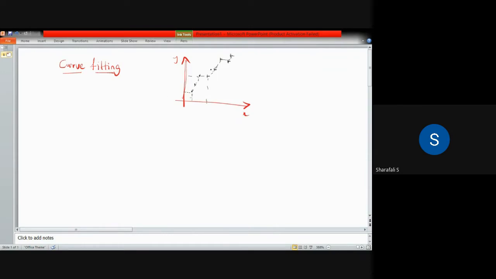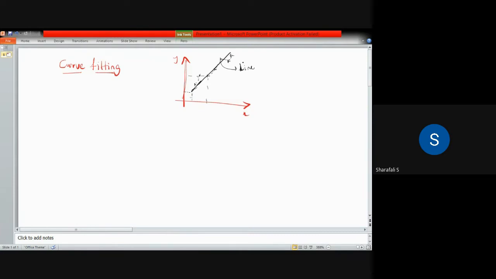If their separation from a given line is very small, then we can fit these data points with a line. If you consider a line like this, it can almost fit this data, which means the trend of these data points can be approximated with this curve, and this is a line.